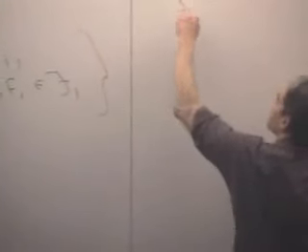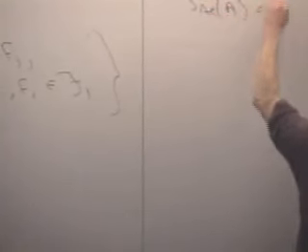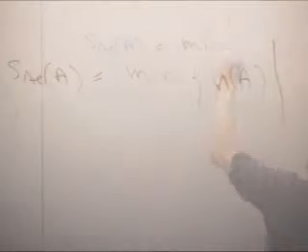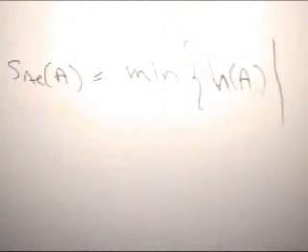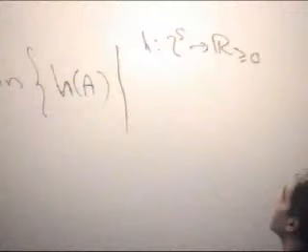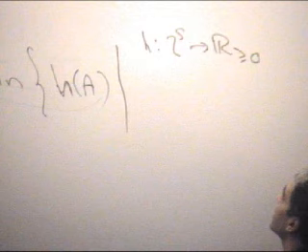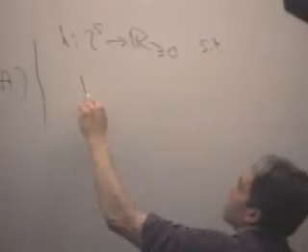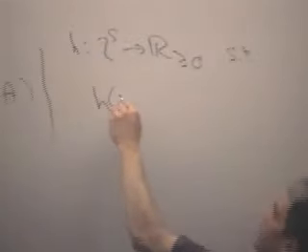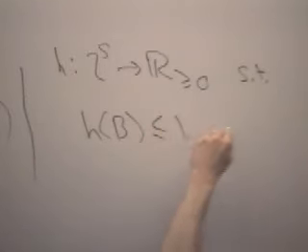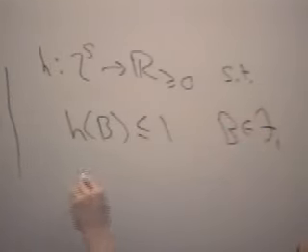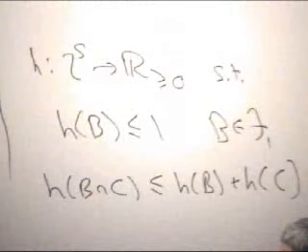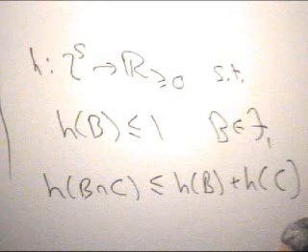The size of A is the minimum over all values h of A, where h is a function from 2 to the S to the non-negative reals, such that h of b is less than 1 if b is in F1, and h of b intersect c is less than h of b plus h of c.